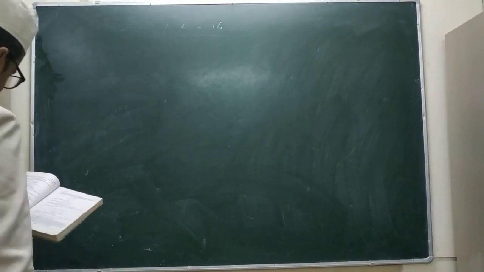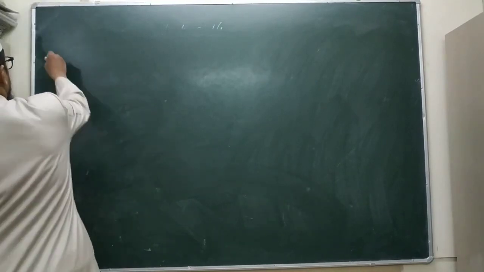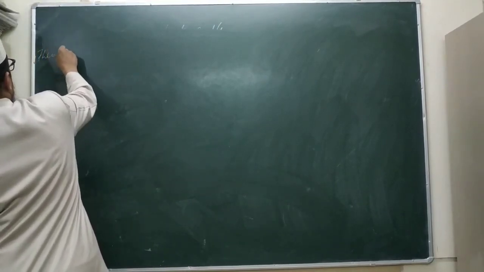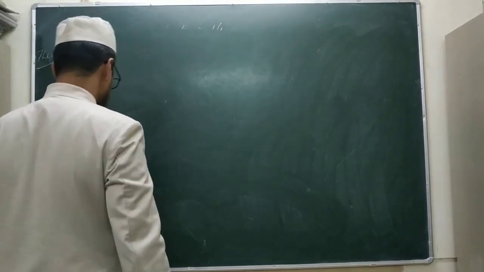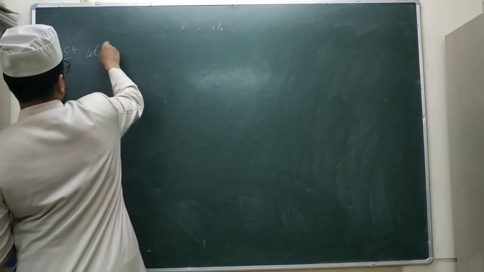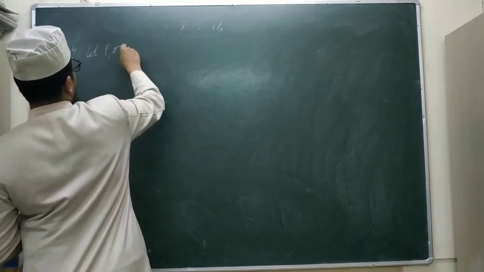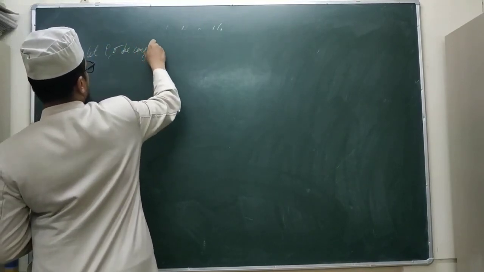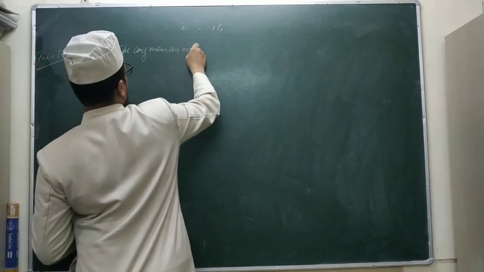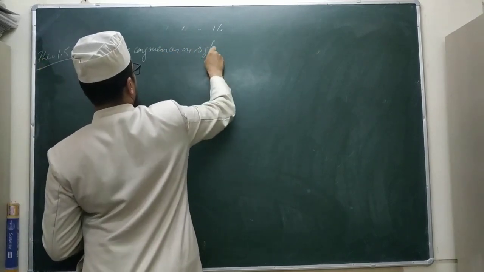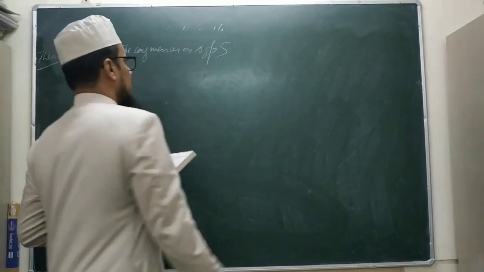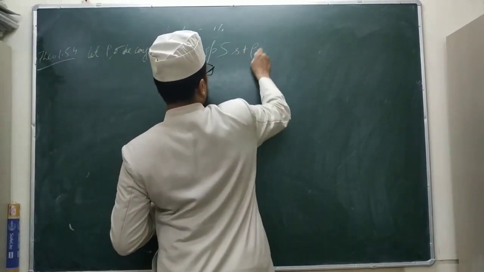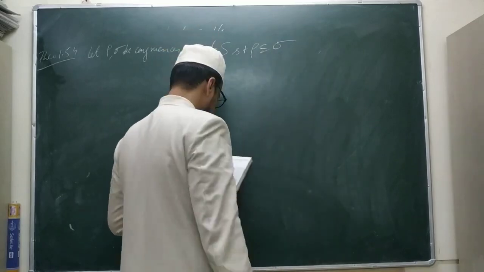Theorem 1.5.4. Let rho comma sigma be congruences on a semigroup S such that rho is contained in sigma, correct?